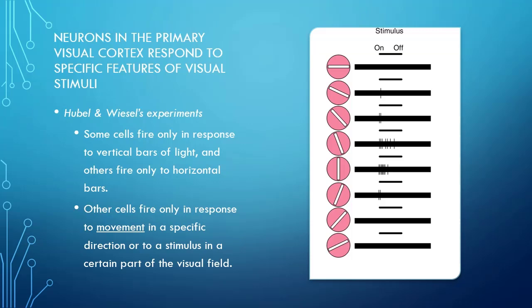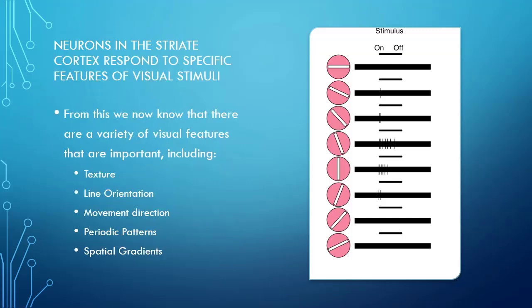So all of those details come together, and you can add on top of that other features like color and so on and so forth to create the way that neurons in the primary visual cortex are tuned. Some things that we've learned from this is that there are a lot of features that neurons in the primary visual cortex respond to.